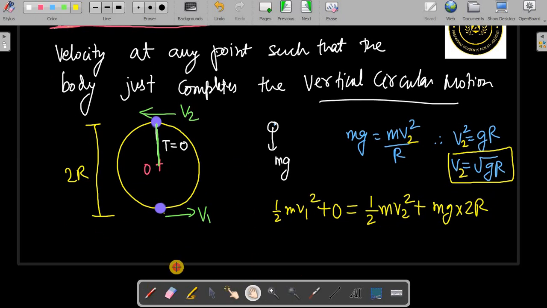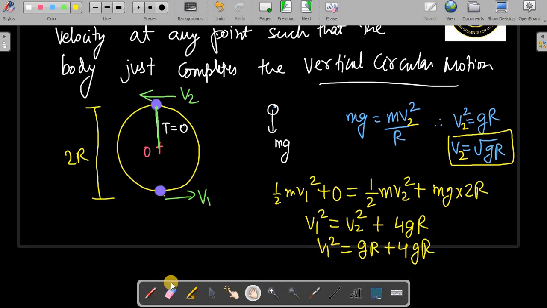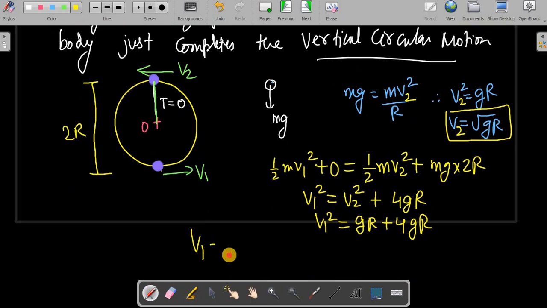So from here V1 square is V2 square plus 4gr. Now substitute V2: V1 square becomes gr plus 4gr. So V1 becomes root under 5gr.